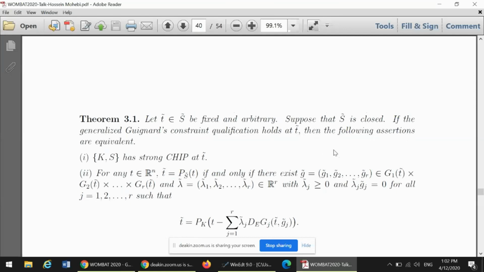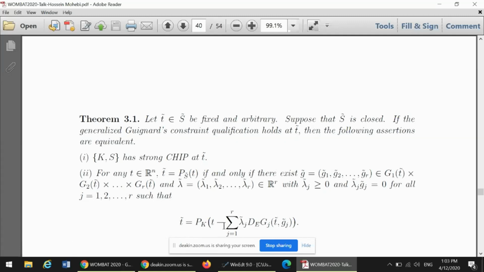If the generalized Slater constraint qualification holds at T tilde, then the following assertions are equivalent. K and S has a strong CHIP at T tilde. Then for any T in Rn, T tilde is the best approximation of T in S tilde if and only if this perturbation property holds. T minus this sum is a perturbation of T.